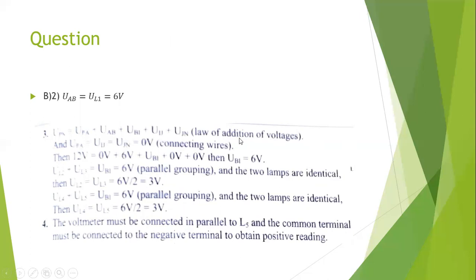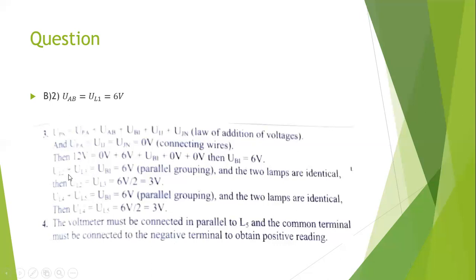Then 12 volt equals 0 volt plus 6 volt plus UBI plus 0 volt plus 0 volt, then UBI equals 6 volt.